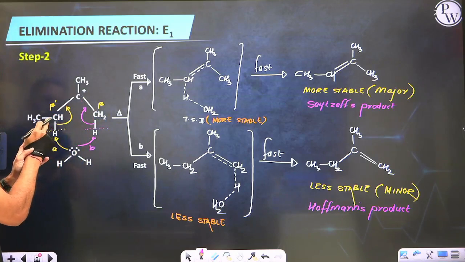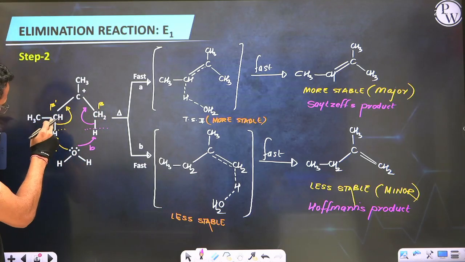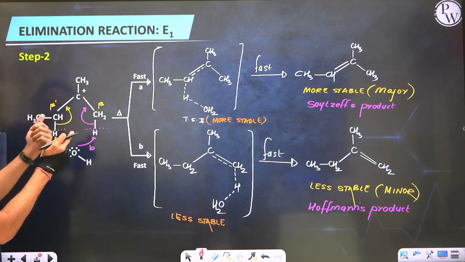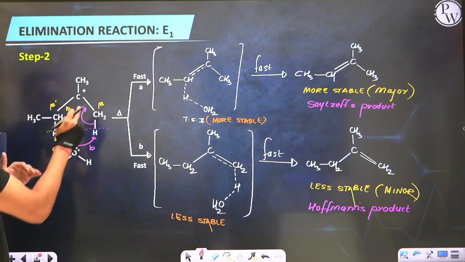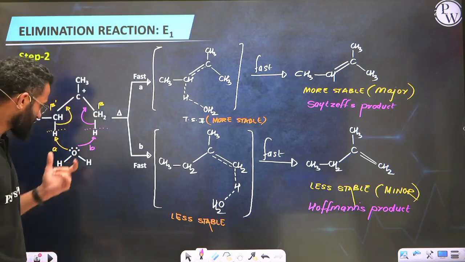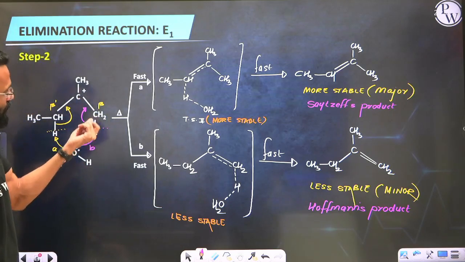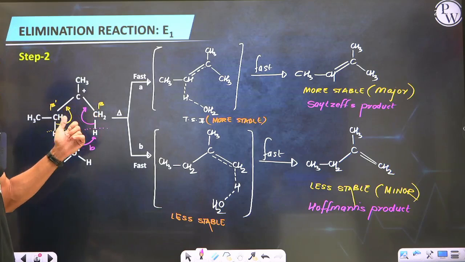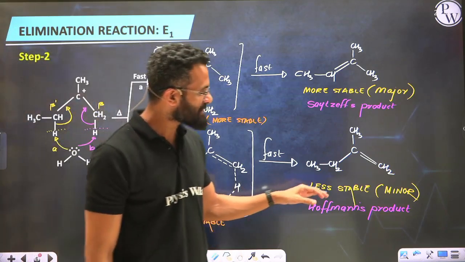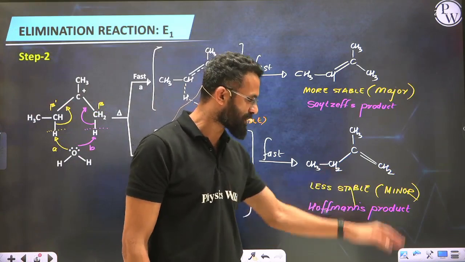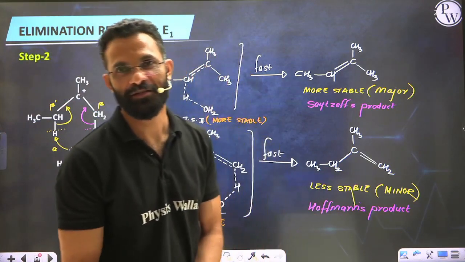This carbon was more substituted, hence, due to +I, the stability of conjugate base will be lesser. So this beta carbon is more acidic. Hence, abstraction of beta hydrogen from that beta carbon which is more acidic will result in the formation of less substituted alkene. That is what you call the Hofmann elimination product.